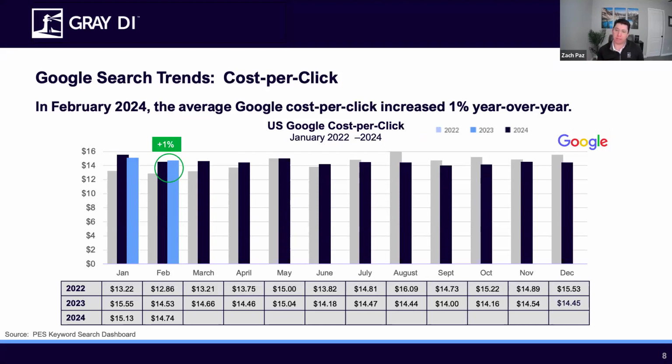At a summary level, we can understand, is it costing more or less over time to promote your program or advertise on Google, as one kind of indicator for potential marketing budget needs and trends in competition, so you can get an idea around what it's going to cost to do that. In this case, we saw a 1% increase in the cost per click across our entire database of keywords that we're tracking.